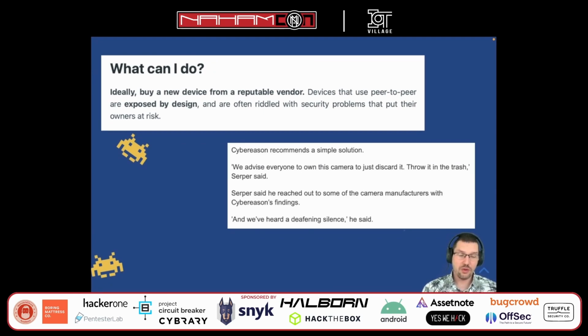So what can you do with devices like this? I have screenshotted the researchers from Cybereason here because I believe that their recommendation is the wisest of all. We advise everyone who owns this camera to just discard it and throw it in the trash.